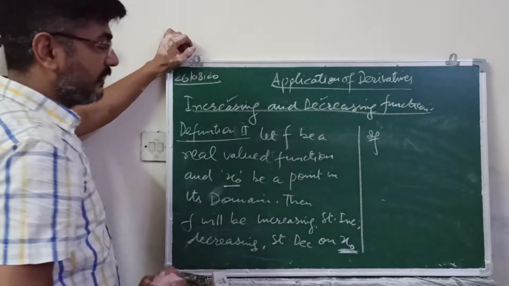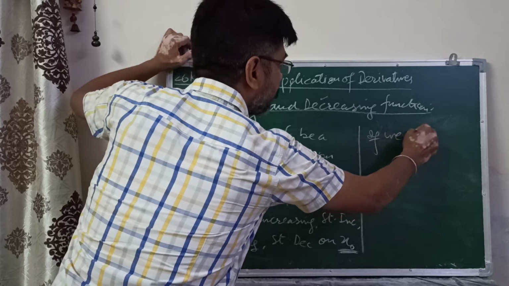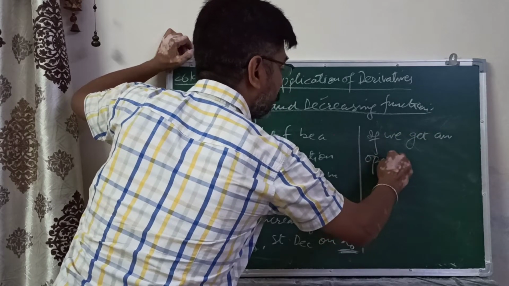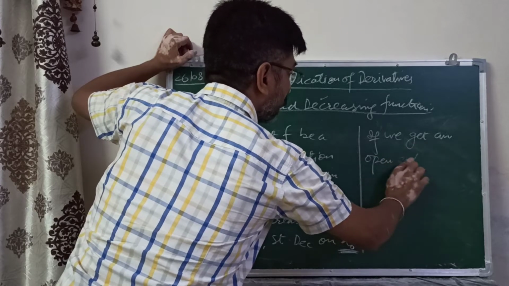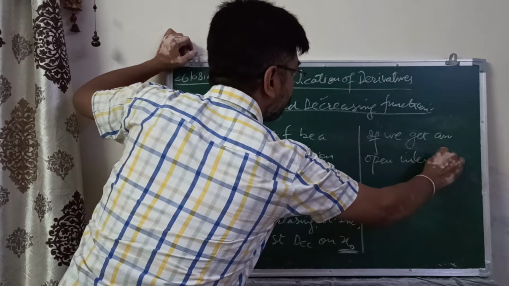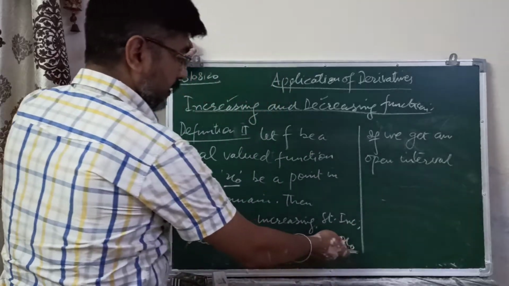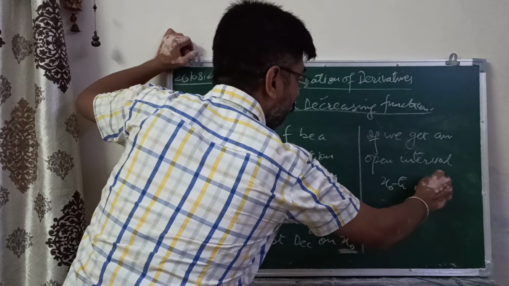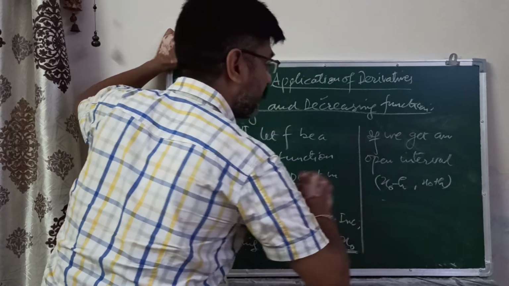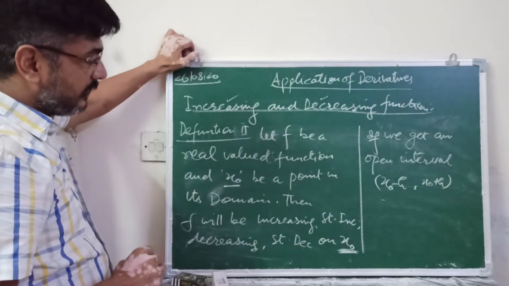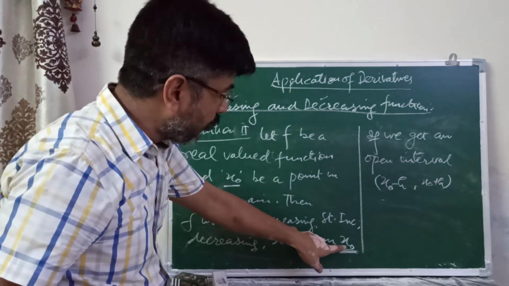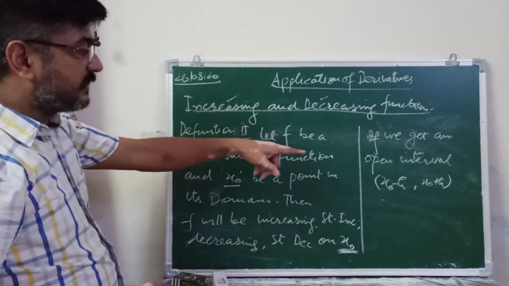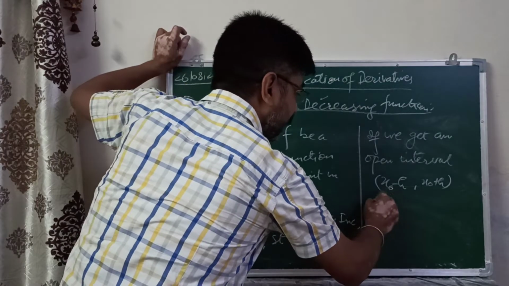If we get an open interval along this x0, x0 minus h to x0 plus h, so we will take an open interval from x0 minus h to x0 plus h, like this.